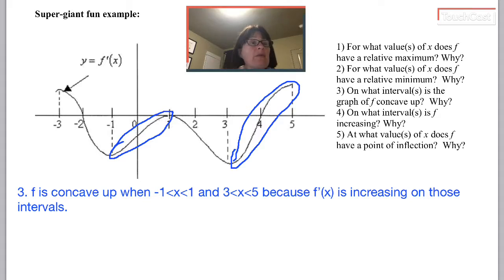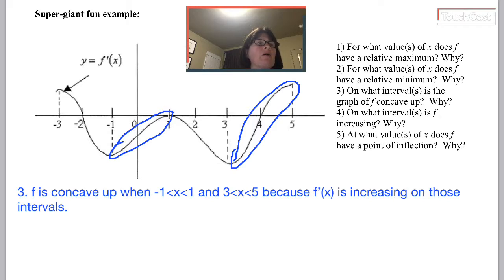You're used to giving the answer because f double prime is positive, but we don't have a graph of f double prime. You have to refer back to the behavior of f prime on those intervals that tells you that f double prime would be positive. So from -1 to 1 and 3 to 5, because f prime is increasing on those intervals.